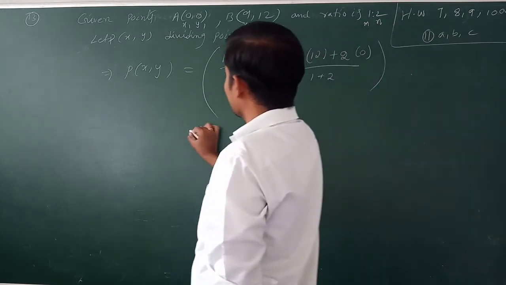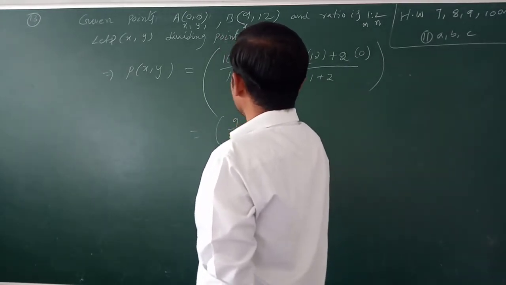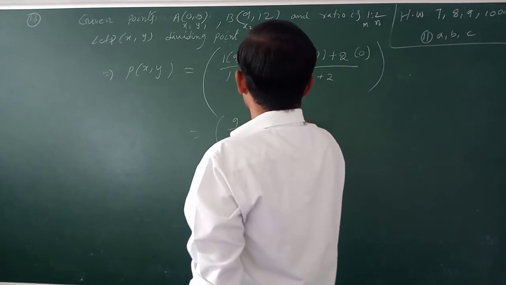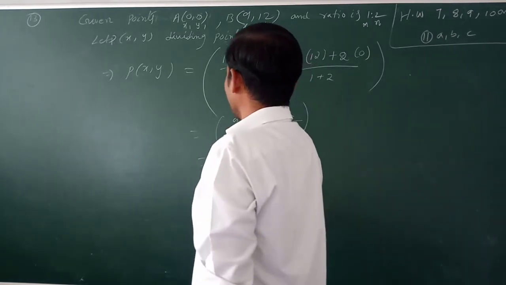Clear? So 9 plus 0 by 3, 12 plus 0 by 3, which is equal to 3 comma 4.